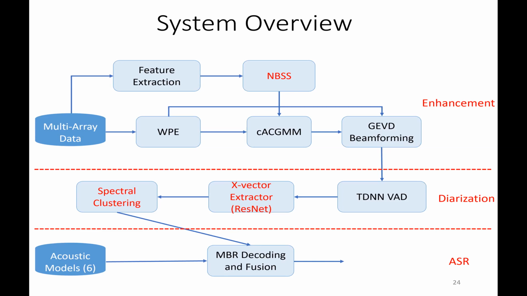The speaker diarization uses the X-vector extractor and spectral clustering. Finally, with the 6 acoustic models from track 1, we perform MBR decoding and fusion to get the final recognition results.